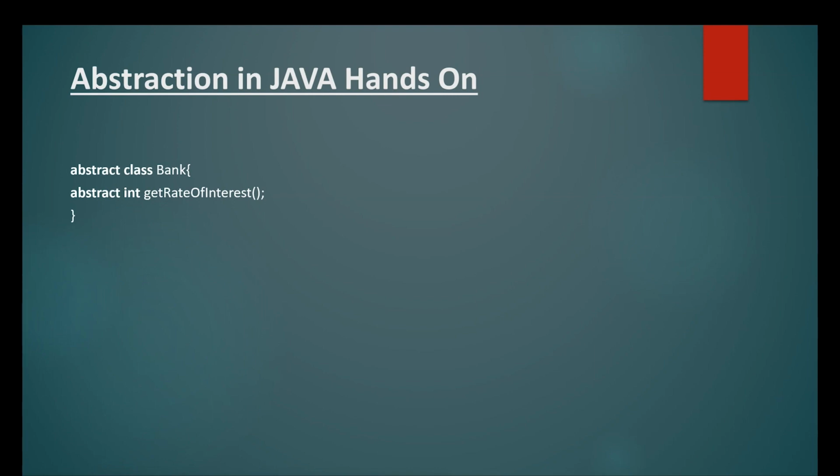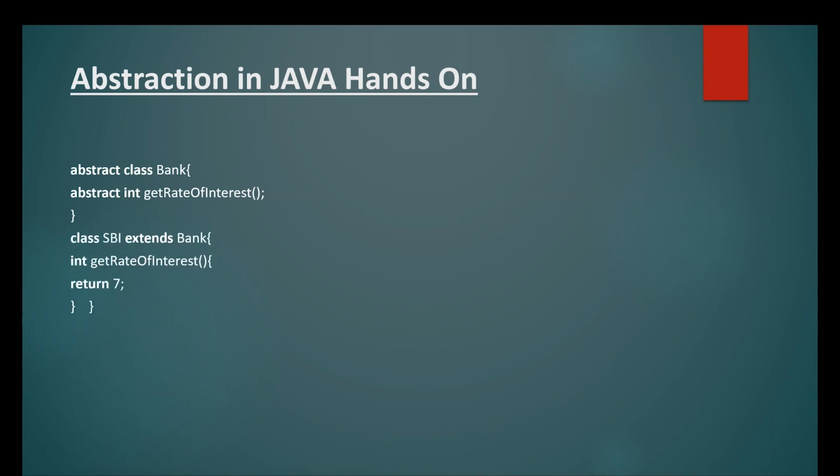So what you will do, you will write a common interface, you will write an abstract method there, and you will implement those abstract methods in the subclasses. Okay, so let us say you have written an abstract class here, bank. In the bank abstract class, you have one abstract method called rate of interest. Now let us say we want to extend this abstract class and write classes which can return the rate of interest for the SBI and PNB, that is Punjab National Bank and State Bank of India.